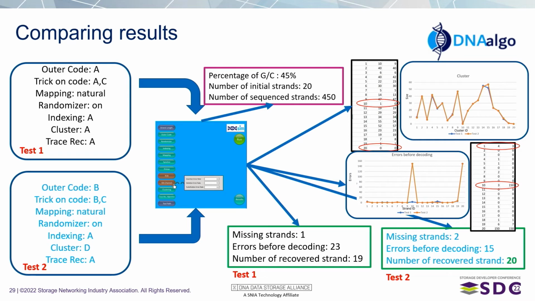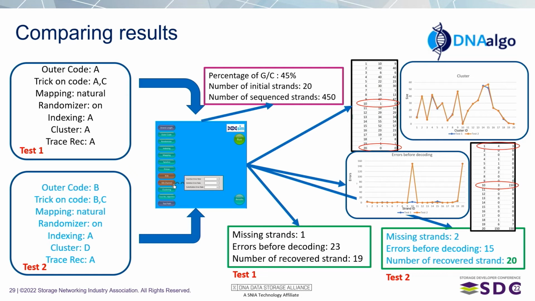On these two tests, we apply different strategies. For example, with test 1 we use an outer code, let's call it A, while we use B on test 2. And we can also use different tricks on the code, like a library. For example, we apply AC on test 1, while we apply BC on test 2.